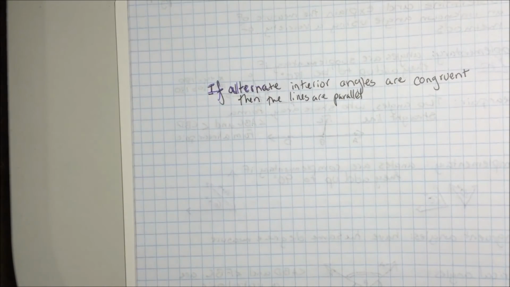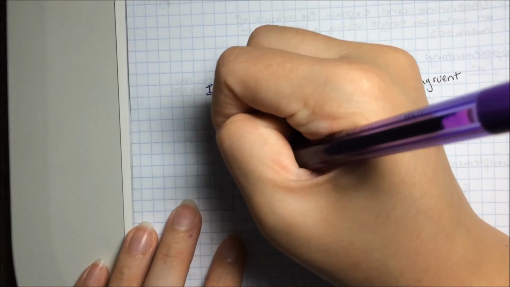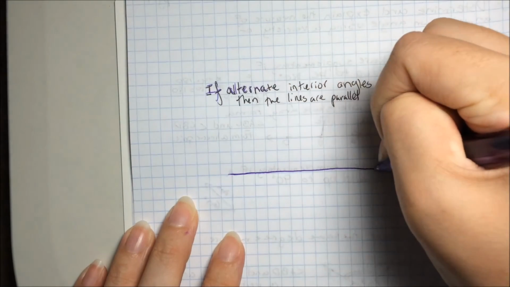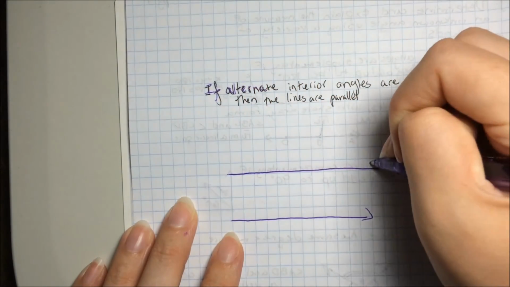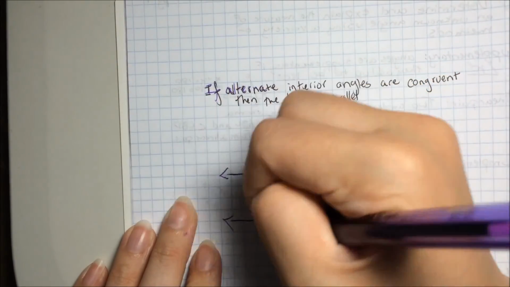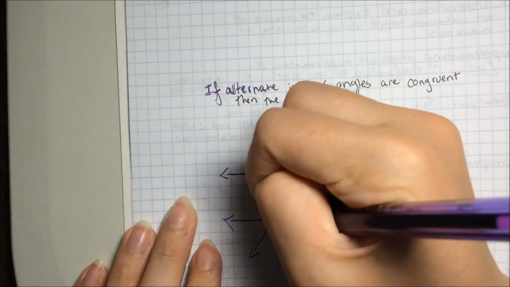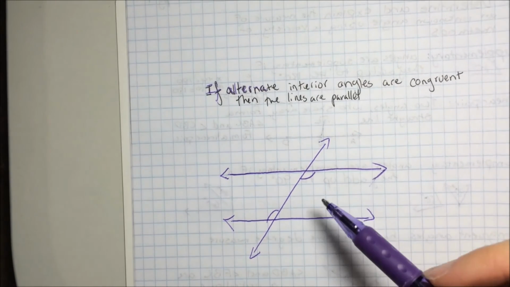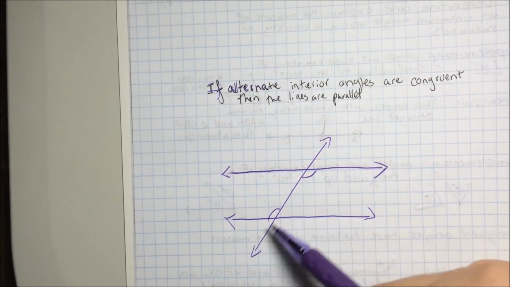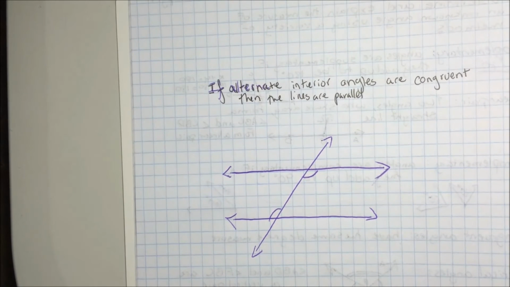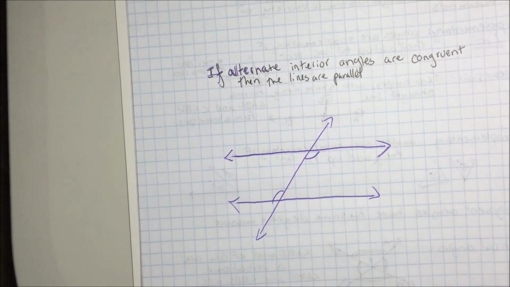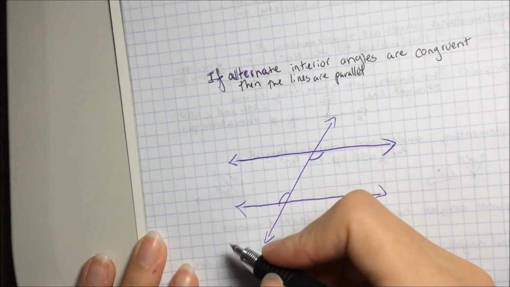So let me draw a picture here. So for example, I don't know that these two lines are parallel, but I do know that these two angles are congruent. Those two angles are alternate interior angles, and since I know they're congruent, I know the lines are parallel. Okay? I can say the same thing for corresponding angles.